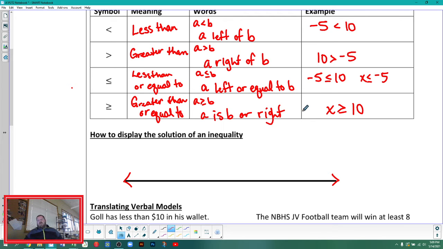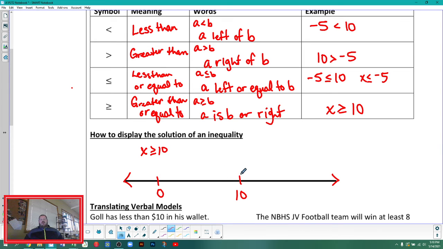Or let me use our last one here, x being greater than or equal to 10. I can't just say, well, x is 11. Well, that works, but it's not the only possibility. So the way we do that is we want a number line, and I want to at least know where 0 is. And then I'm worried about where 10 is. That's kind of my operating number here.